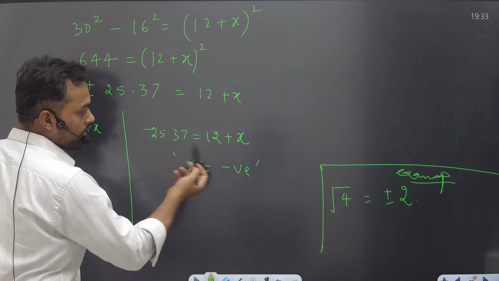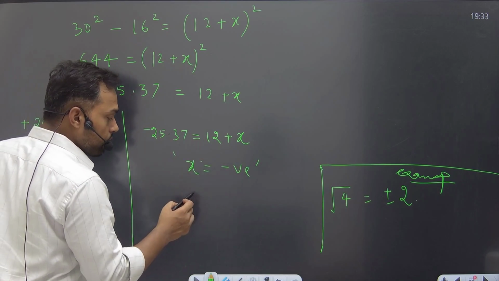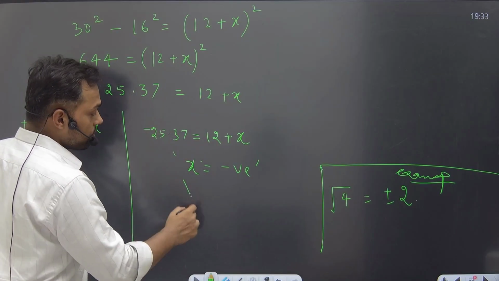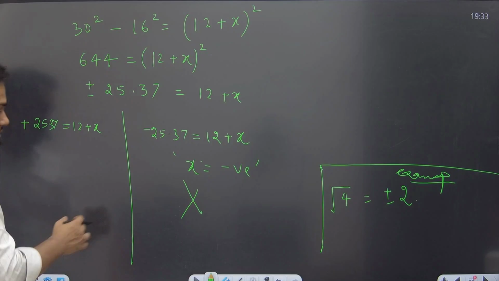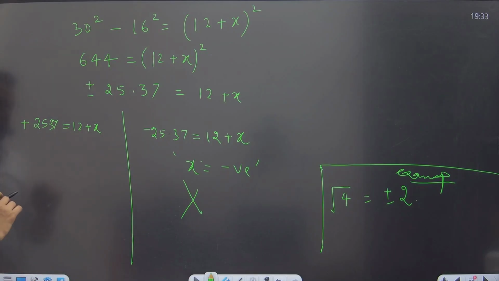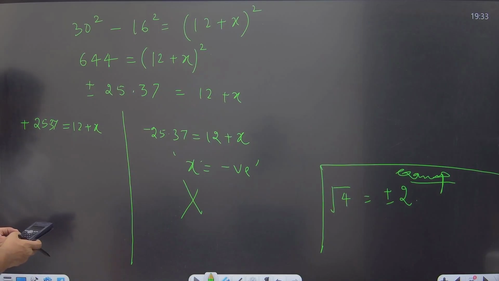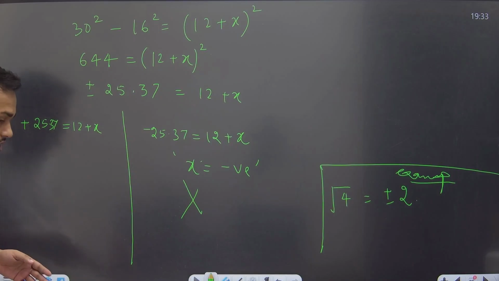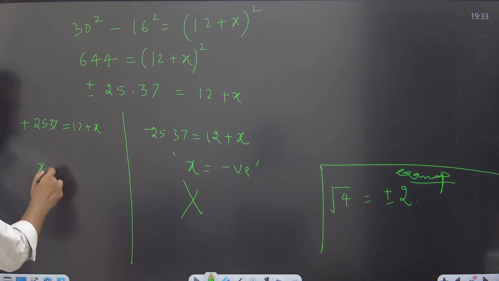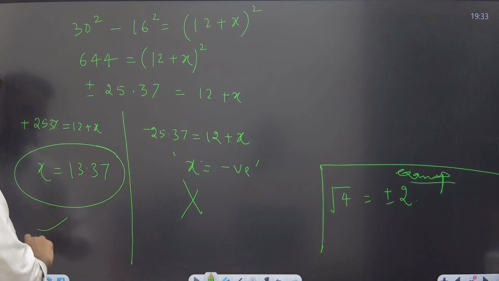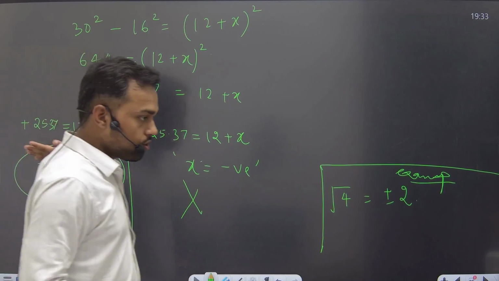We know the side measurement can't be negative, so this case will not be taken into consideration. Now 25.37 minus 12 will be equal to 13.37. So X will be equal to 13.37. This is the correct solution. We have just transposed 12 to the left hand side.